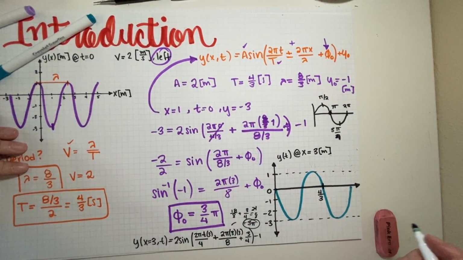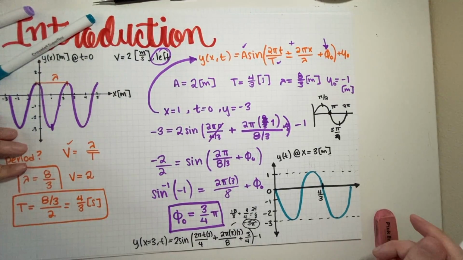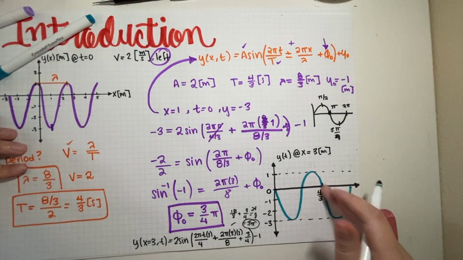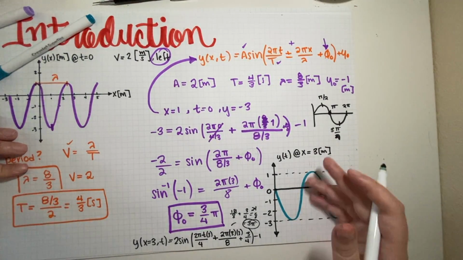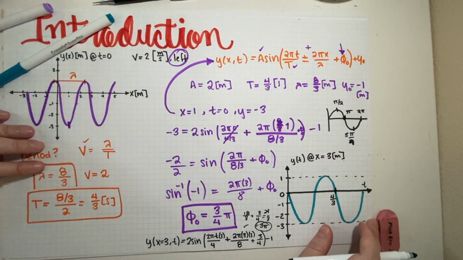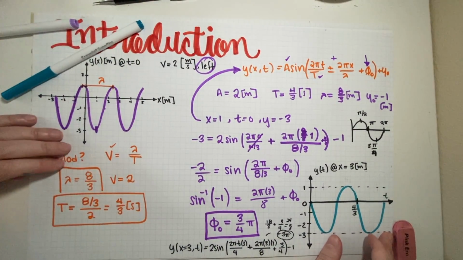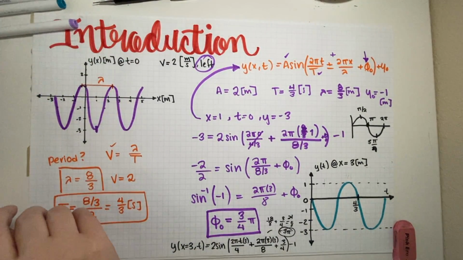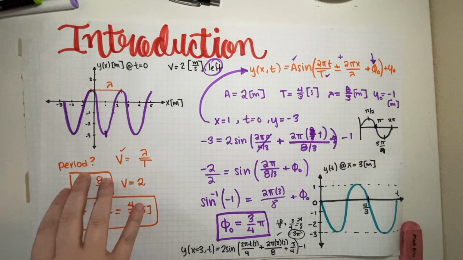If I had done another iteration, I would do 8/3, but I did a very small graph, so this is the best that we can do. This is a full final answer and a full introduction to this particular topic.